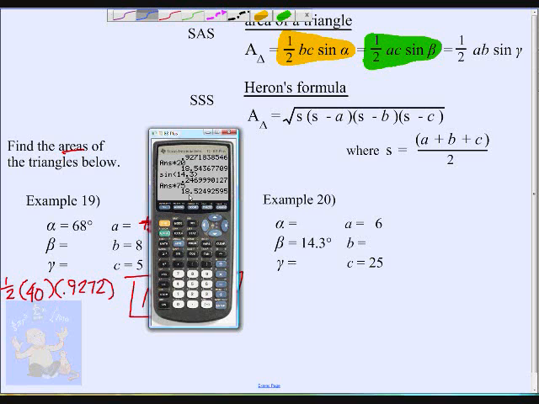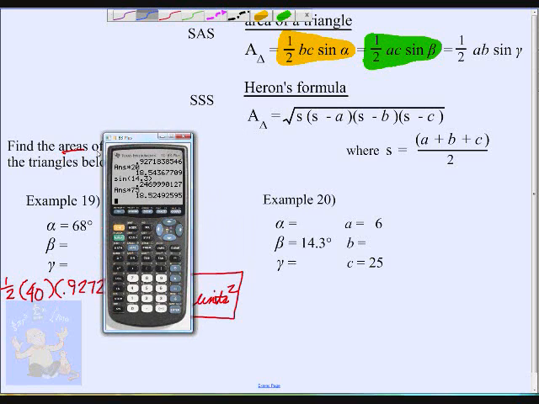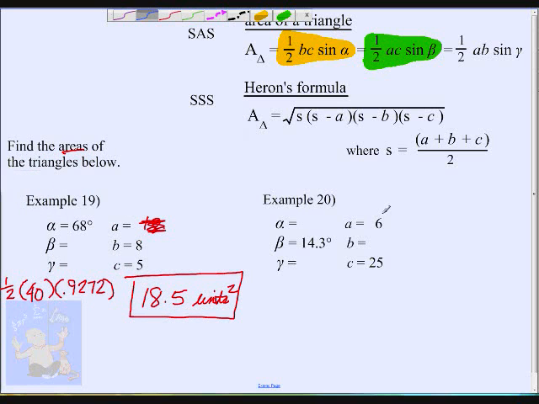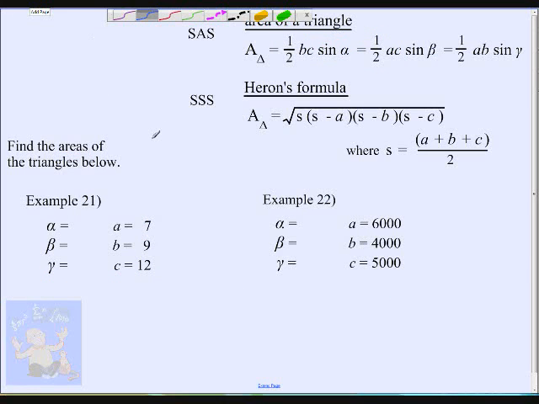So we have an area here of 18.5 units squared. Yes, he must have chosen them purposefully to show us that, don't you think? Very close in area. Here's another example.